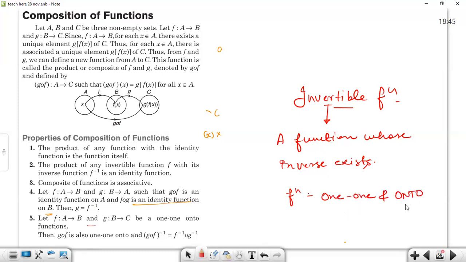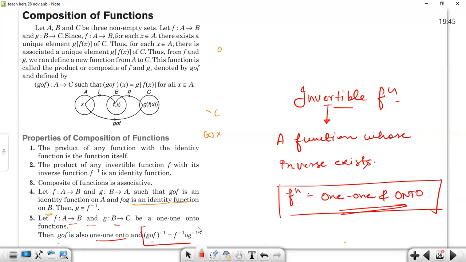If a function is one-one and onto, then that function is invertible. We will discuss more on this later. So if f is a function from A to B and g is a function from B to C, both one-one onto, both inverses exist. Then g of f is also a one-one onto function, so definitely its inverse is going to exist. And if its inverse exists, this is the property called the reversal law.